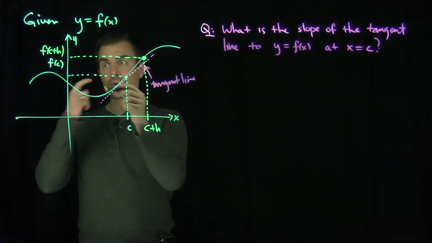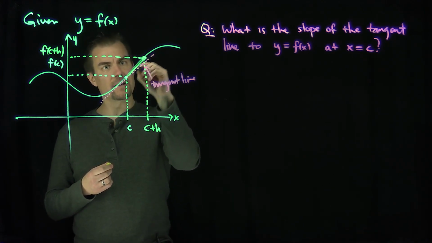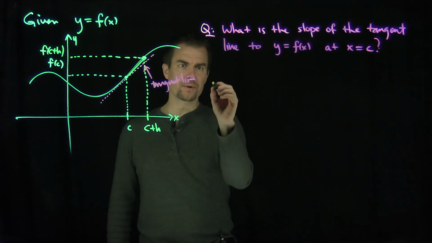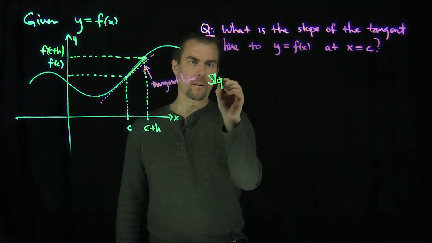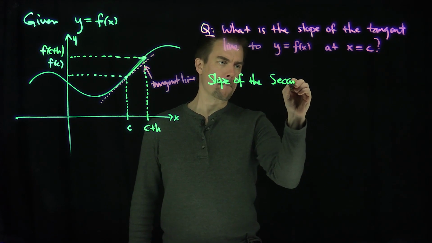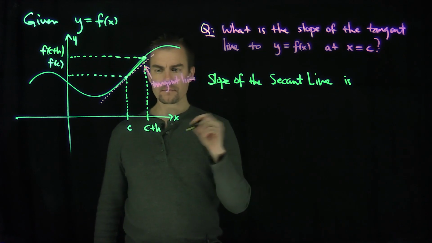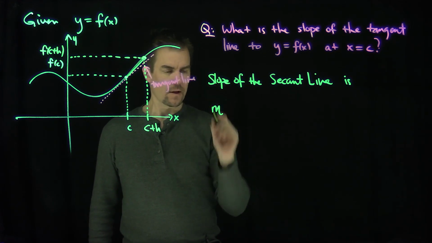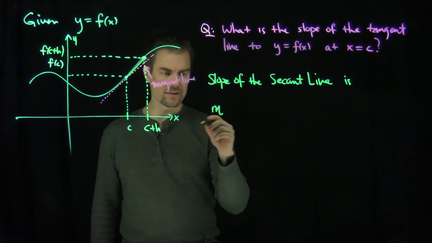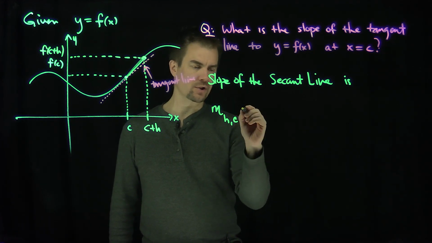And then those two values are known to me if I'm given this function. So what I can do then is find the slope of that secant line. The slope of the secant line is m. And of course, this m is a function of h. It depends on h and the point c in question.